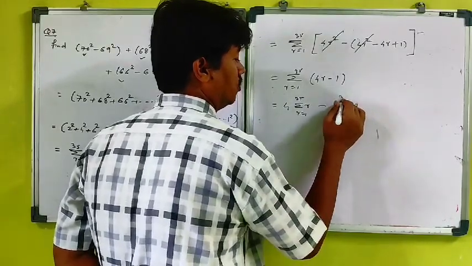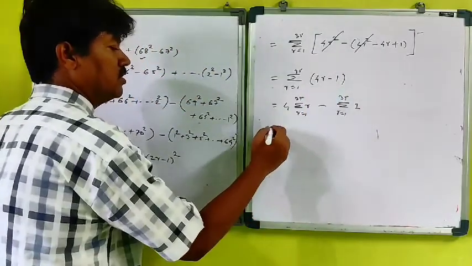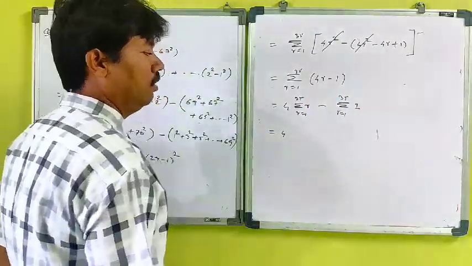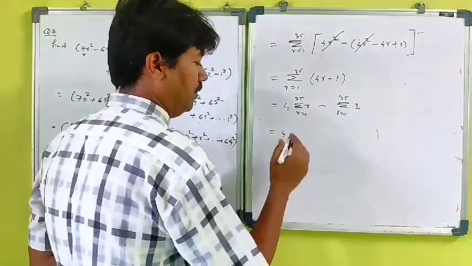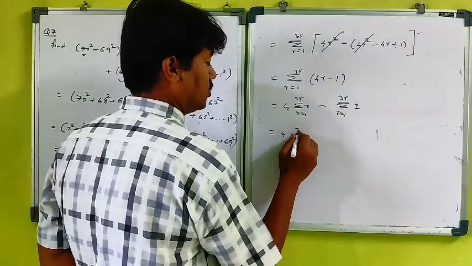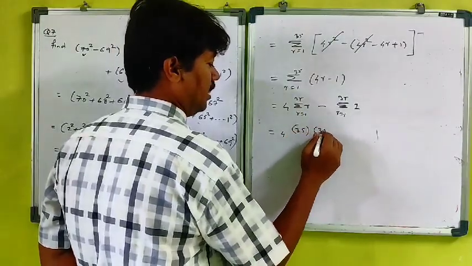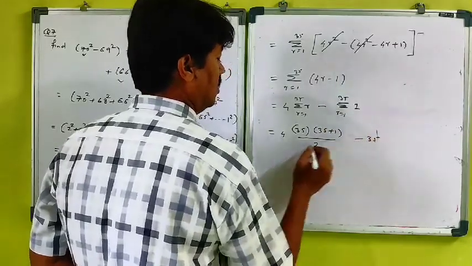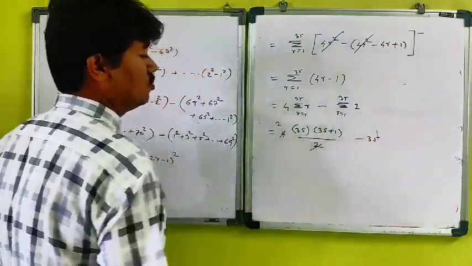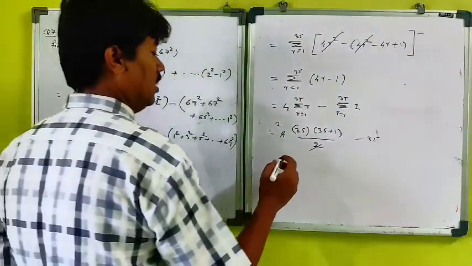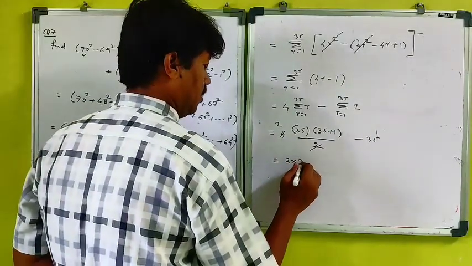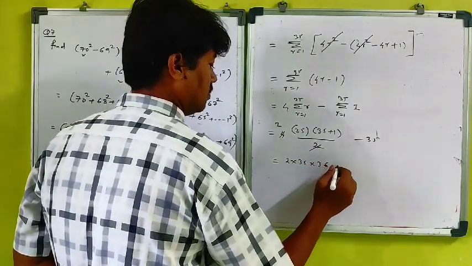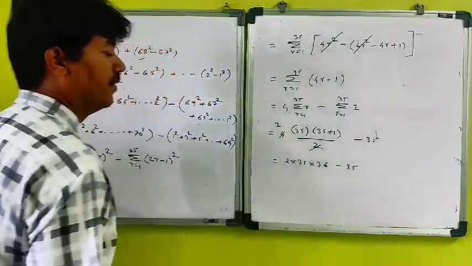For this, the formula is n into n plus 1 upon 2, but here n is 35, so 35 into 35 plus 1 upon 2, and here it is 35 times 1. This 2 is cancelled with the 4, so it is 2 into 35 into 36 minus 35.